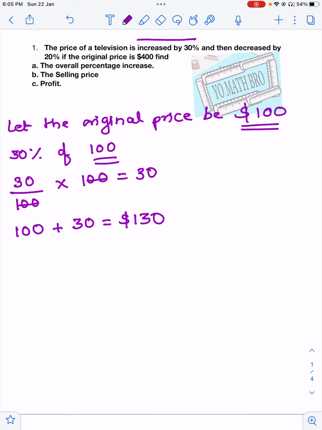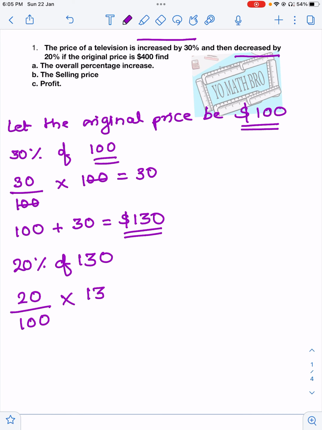Now the second condition, then it decreased by 20%. My current price is 130. From here there is a decrease of 20%, so first I have to find 20% of 130. The same method, 20 divided by 100 into 130, I get 26.